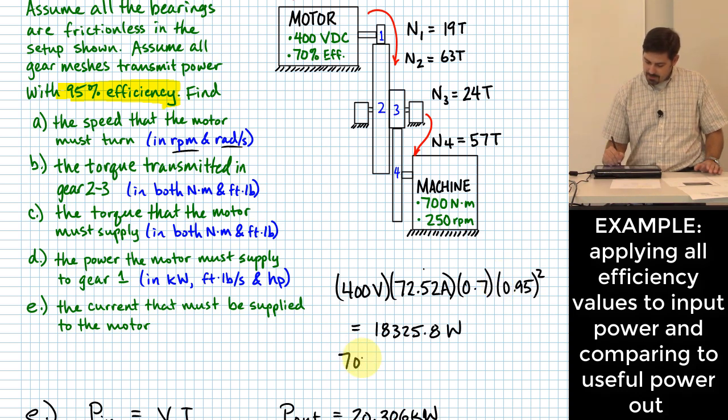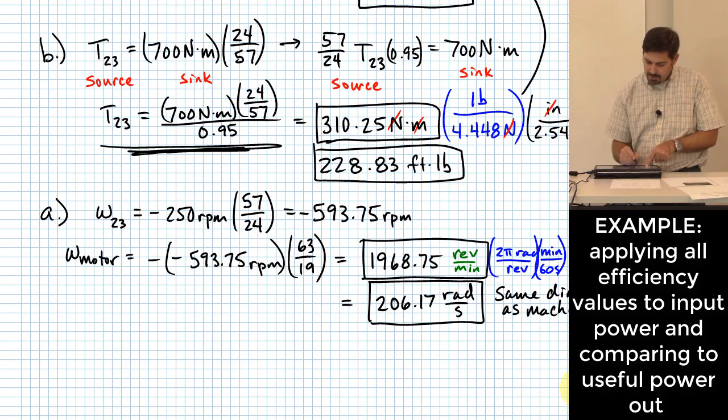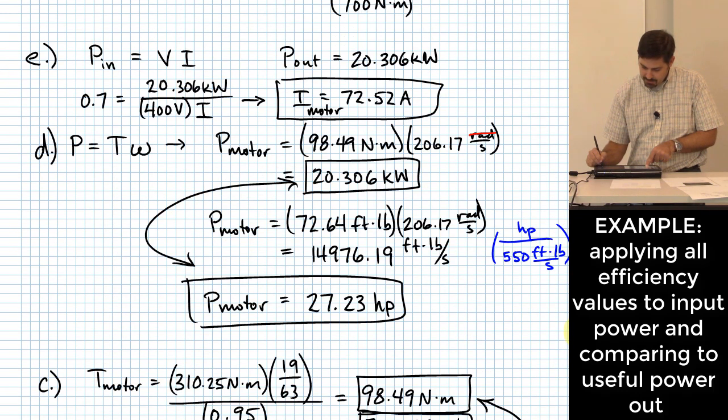Type this in. 700 Newton meters times, and let me go ahead and grab the angular speed I got here a second ago for the machine. Oh no, it was given.